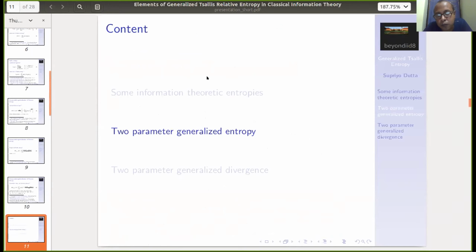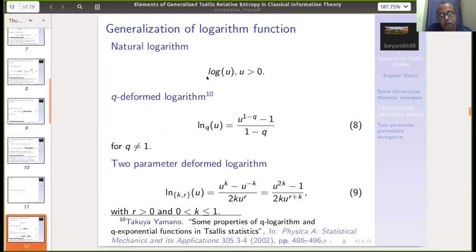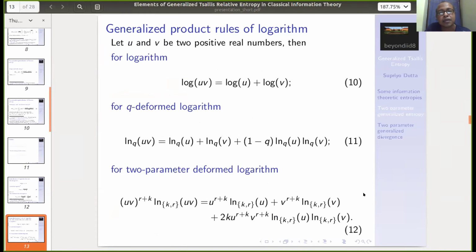Here also we propose a two-parameter generalized entropy. For this, we first introduce a two-parameter deformed logarithm, which I have mentioned in equation number 9, and we can prove that this log satisfies the product rule of logarithms.